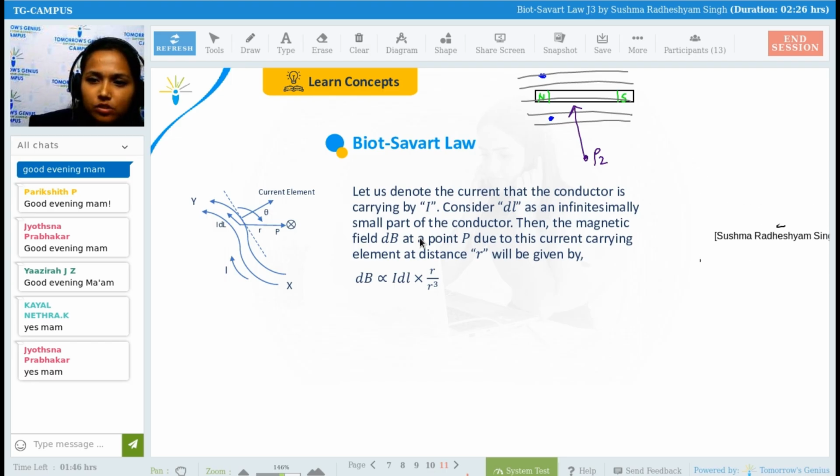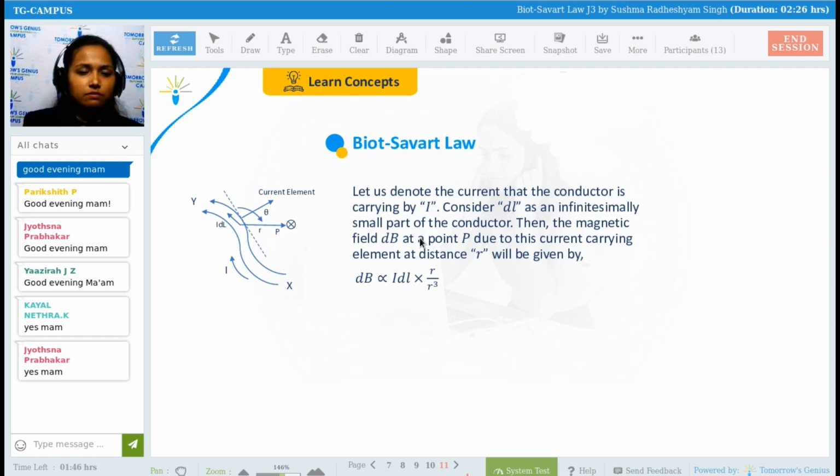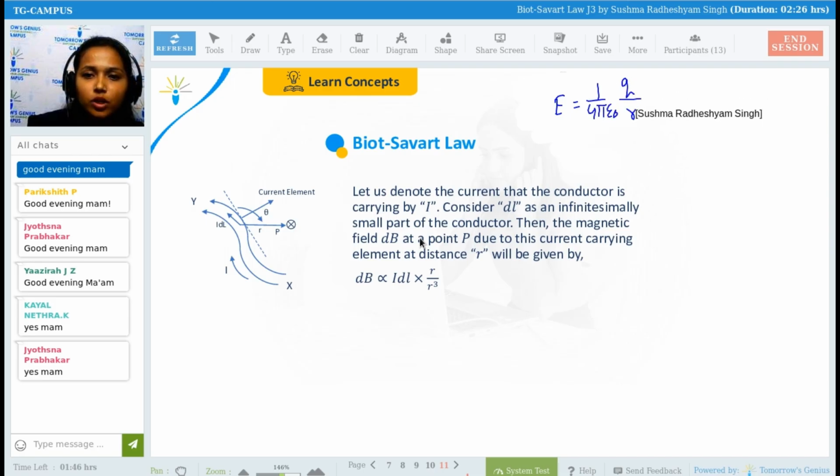So we start from here. It's a very easy derivation, don't worry. So can anyone tell me what is the electric field at point P and the definition of electric field? Anyone? E is equal to 1 upon 4 pi epsilon naught. Electric field intensity. Okay, no problem, students. I will tell you. See, you see this formula, 1 upon 4 pi epsilon naught Q upon R square.